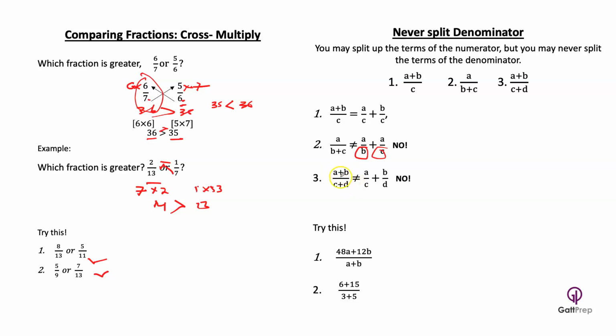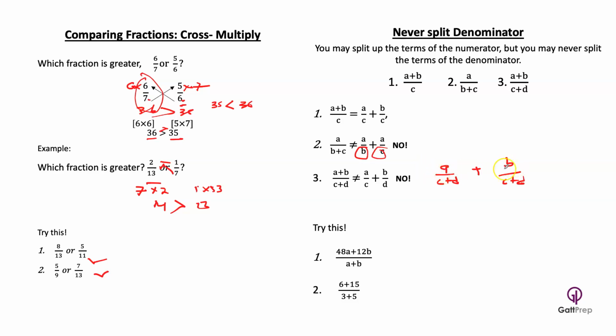We can split the numerator. So we could say, in this instance, a all over c plus d plus b all over c plus d. Now, you cannot split the denominator, so the whole thing has to go.